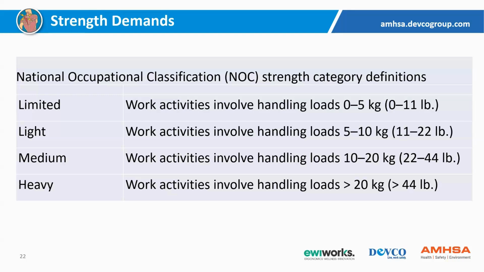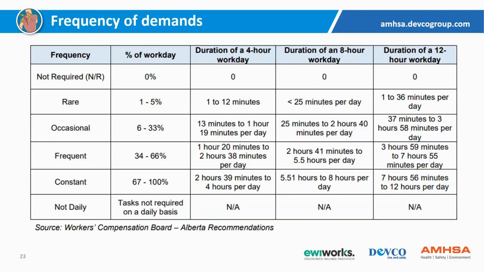So we need to think about that. And that's where I said weight alone is not necessarily the best evaluator. And then here, looking at the frequencies, this gives you an overview of how that works. Again, with increased frequency, we want to pay greater attention.